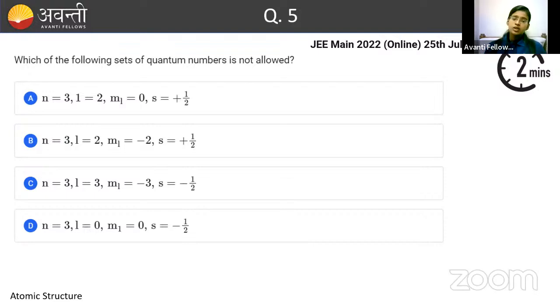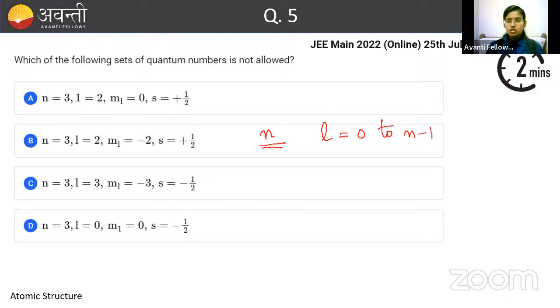L can take values from 0 to N minus 1. Okay, is that clear? Can you differentiate between your answer and the one which I gave you? It is not just equal to N minus 1. It is actually from 0 to N minus 1. Are you getting it? See, for a given value of N, L can take values from 0 to N minus 1.